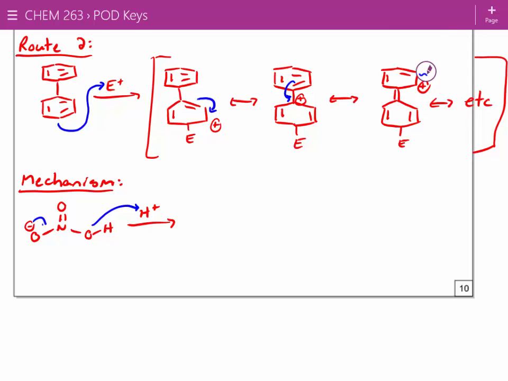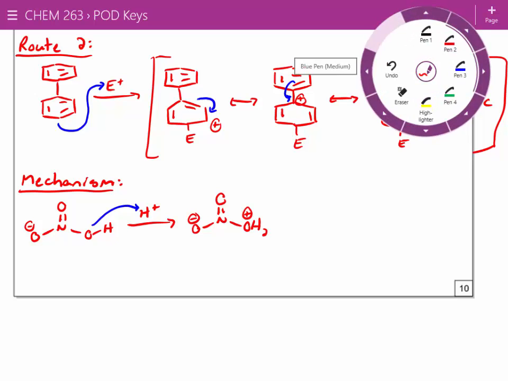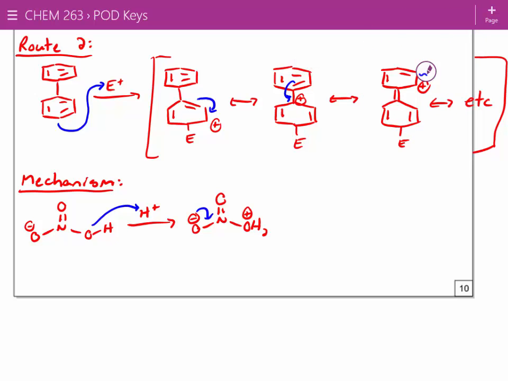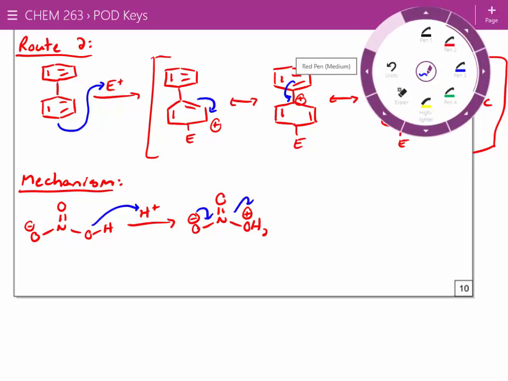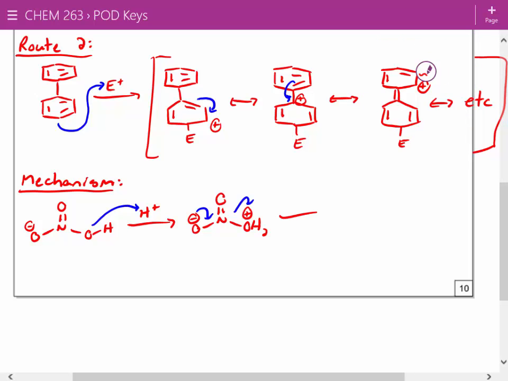And let's do it stepwise. I don't want to break my own rules. Then we can kick off water, form our nitronium ion.